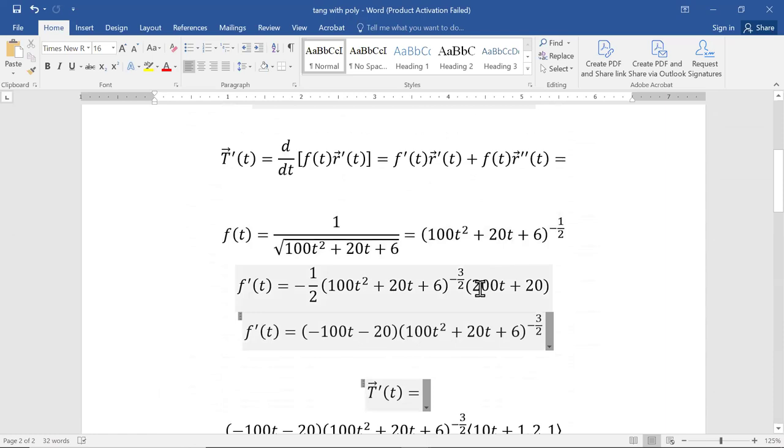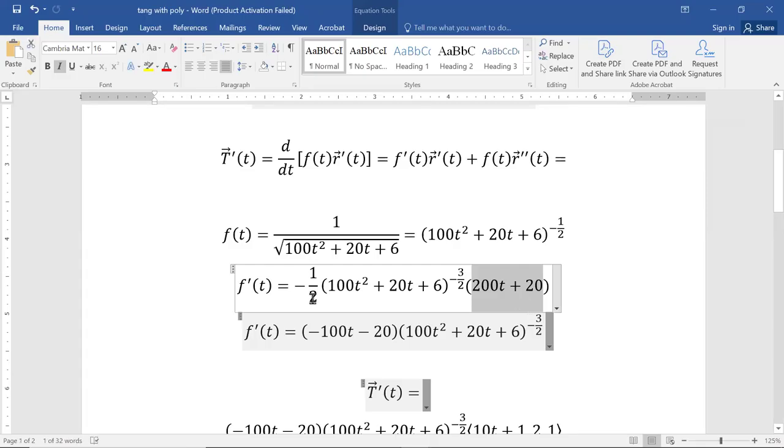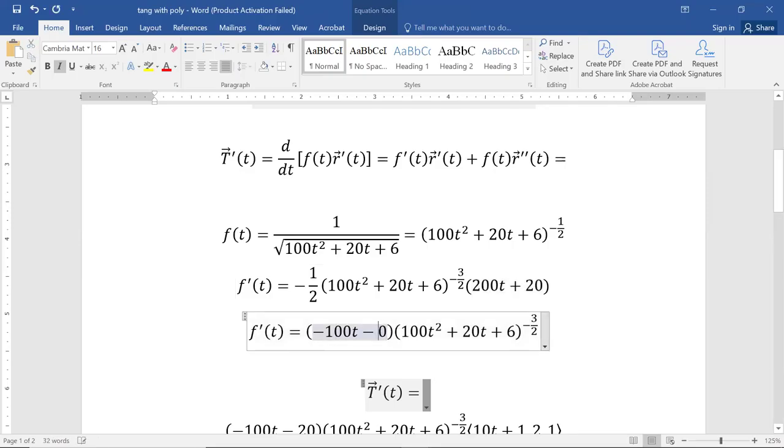When I took 200t plus 20 and multiplied it times negative 1/2, I wrote down negative 100t minus 20. But if I'm multiplying by negative 1/2, that should have been a minus 10.